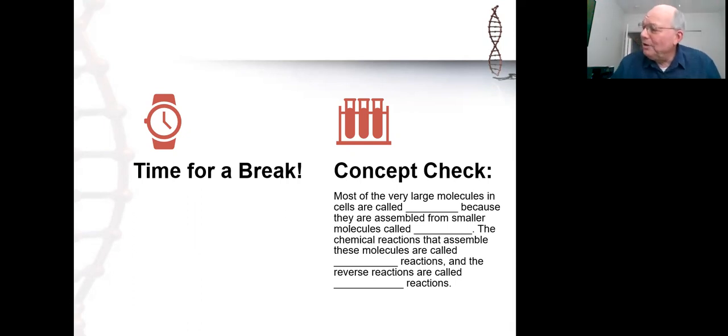So most of the very large molecules in cells are called polymers, because they are assembled from smaller molecules called monomers. Chemical reactions that assemble them are called dehydration reactions.